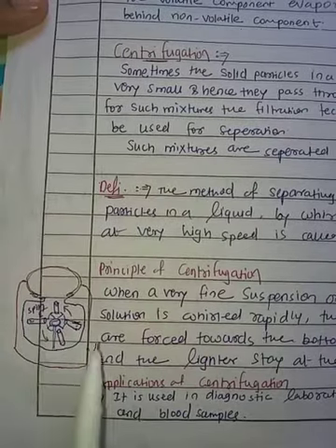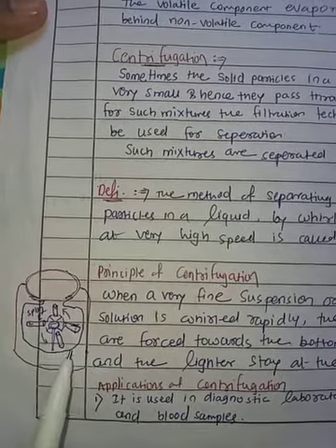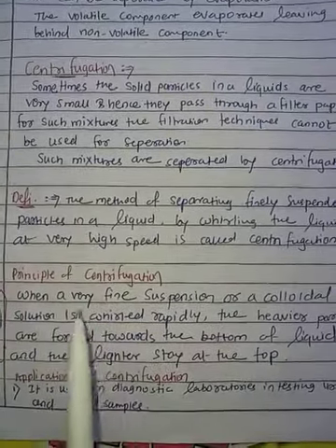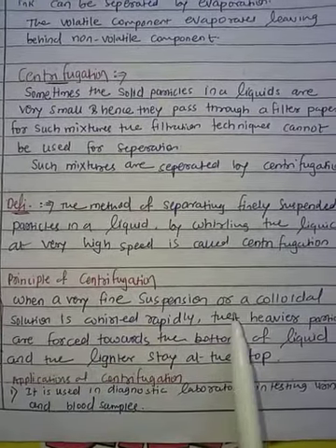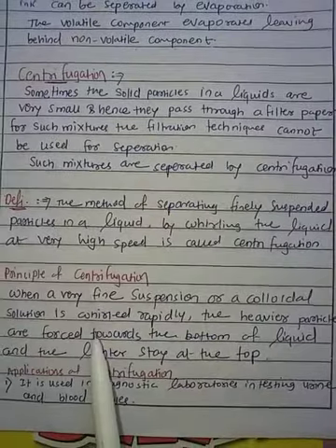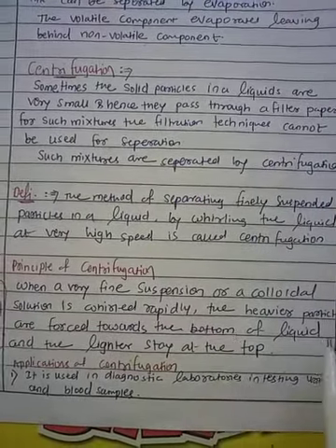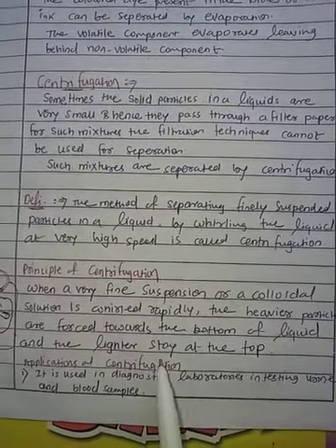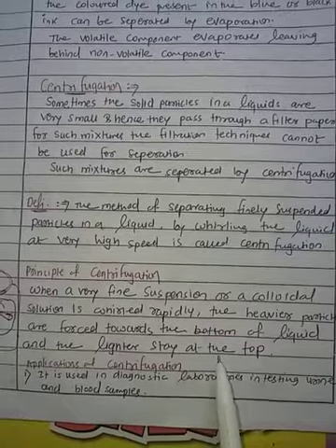So what is the principle behind it? When a fine suspension or a colloidal solution is whirled rapidly, the heavier particles are forced towards the bottom of the liquid, and the lighter particles stay at the top.